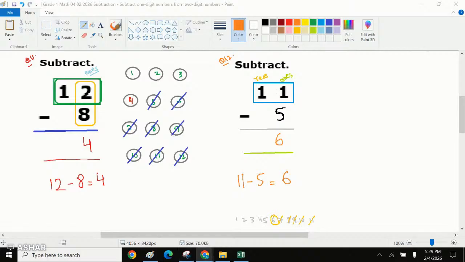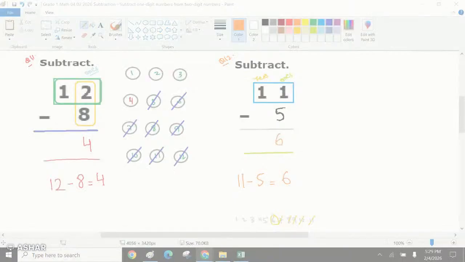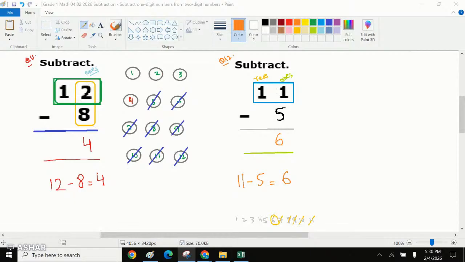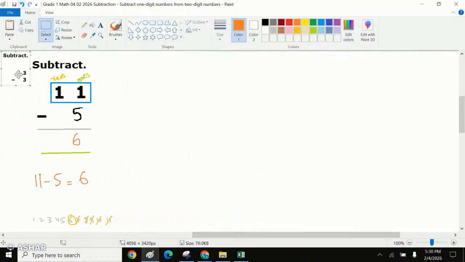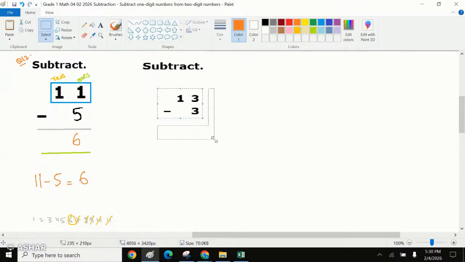If for the next question, it says subtract 13 minus 13. Okay. What we are trying to look at over here is the difference. In the next question, the units position is exactly the same for both the numbers. So we can still solve this directly.